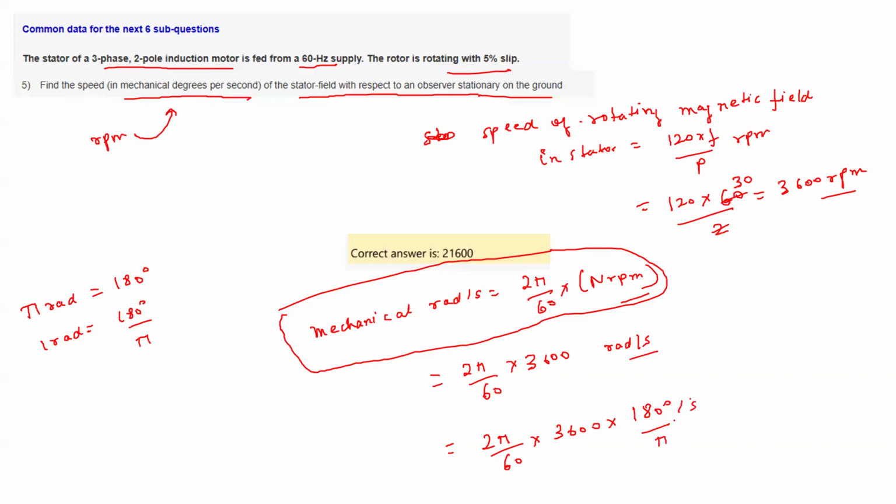If you do this, you can cancel the 60. Then the product of all this, 2 into 60 into 180, will come out to be this value only, 21600.